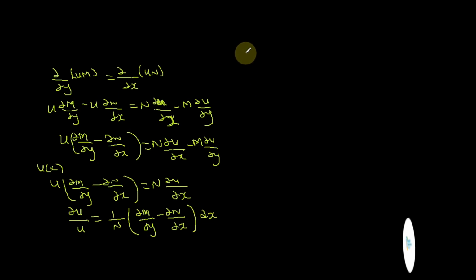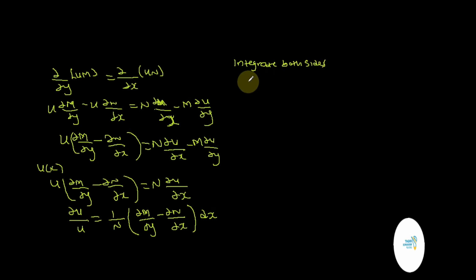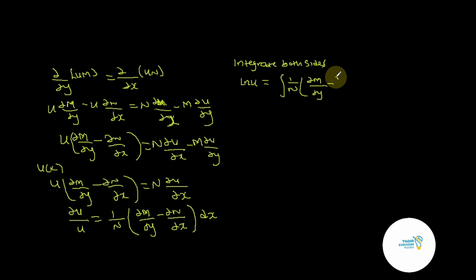To look for u, we integrate both sides. Integrating both sides, we have ln u equals the integral of 1/N (∂M/∂y minus ∂N/∂x) dx.